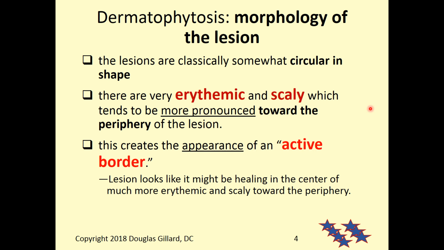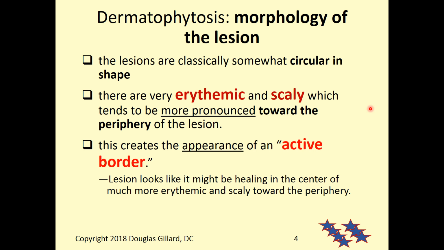What about the morphology of the lesions? They are classic. They're not always like this; interdigital athlete's foot doesn't look like this, but most of the ones on the body are circular, or at least somewhat circular in shape. The lesion itself is very erythemic. What's that mean? That means it's very red looking and quite scaly, but it has a special type of appearance usually.